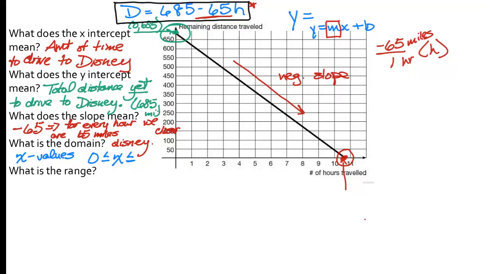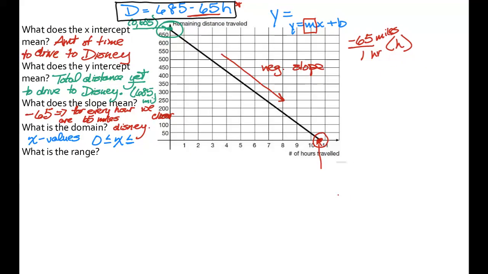10 something. How could we figure out what that 10 something is? Solve, yes. So we have the equation D equals 685 minus 65H.